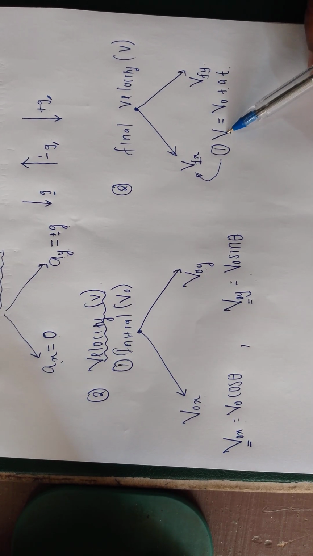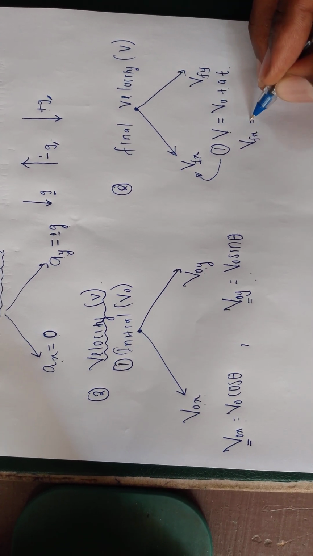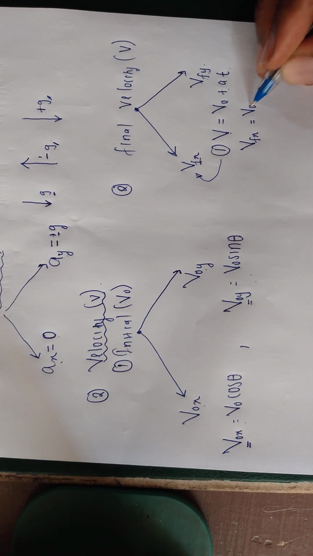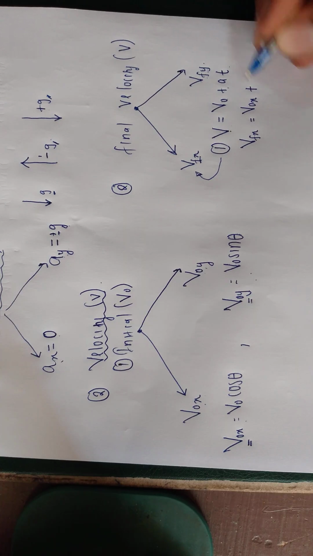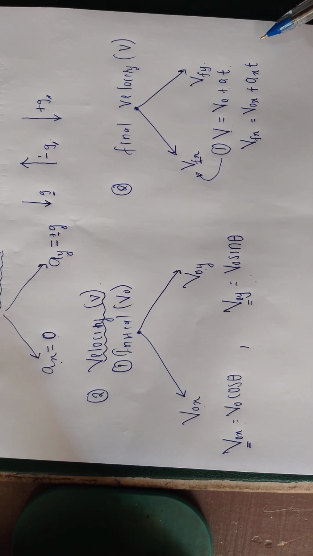So where there is final velocity, I will say final velocity in the x is going to be equal to, where there is initial velocity, the initial velocity in the x, plus where there is acceleration, the acceleration in the x multiplied by time, where we said time is a scalar, so there will be no x and y component.